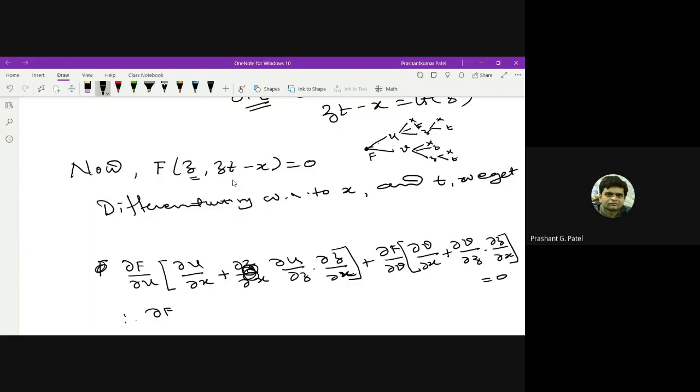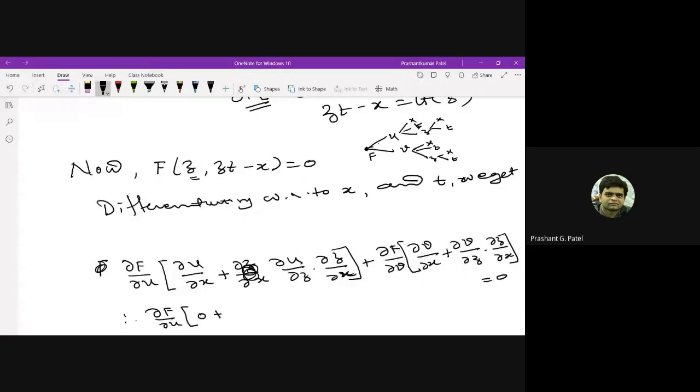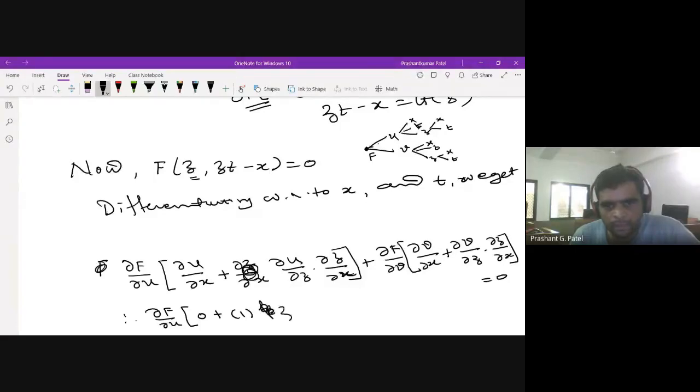So that is del f upon del u into 0, plus del u upon del z is 1. This is my value p, that is zx, plus del f upon del v. Del v by del x, the derivative of this with respect to x, will give me minus 1, plus del v by del z, the derivative of this with respect to z, will give me t, into del z by del x. Del z by del x is zx, equal to 0.